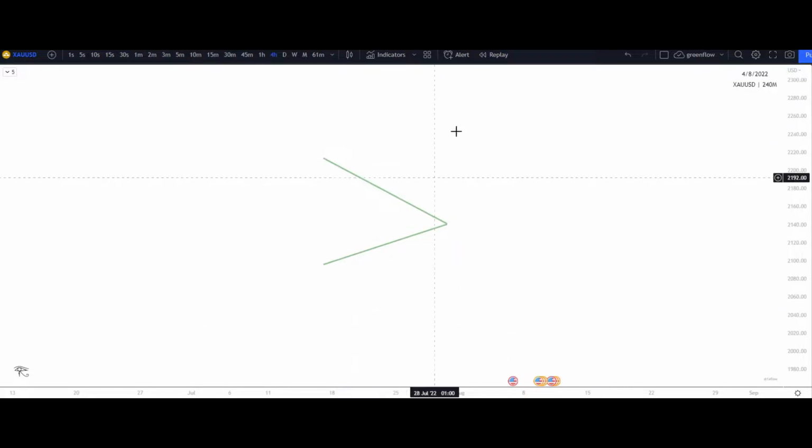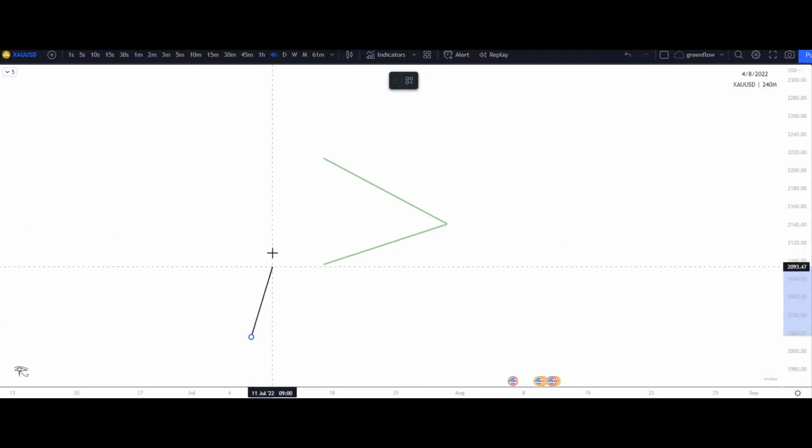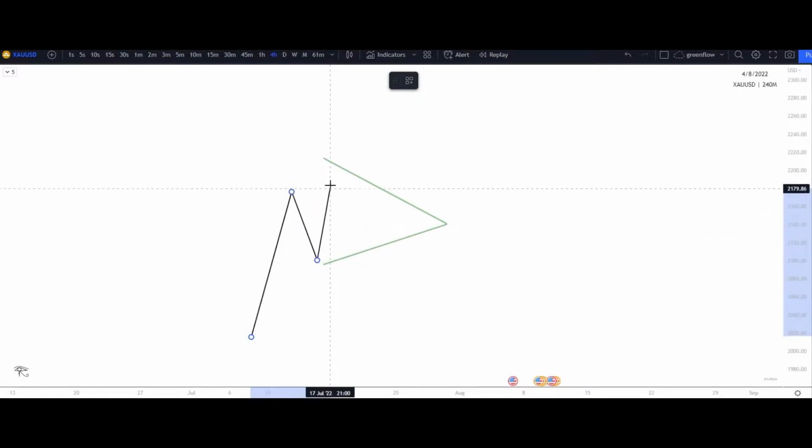Now, what I have on the screen here is just a basic pattern, right? We're going to be looking at a bull flag or a bear flag, but for those who don't understand liquidity, or just to reiterate it, the entire information on how liquidity actually works, right? Let's say we have a trend where price is moving up, creating higher highs, higher lows, and then it starts to consolidate, right?